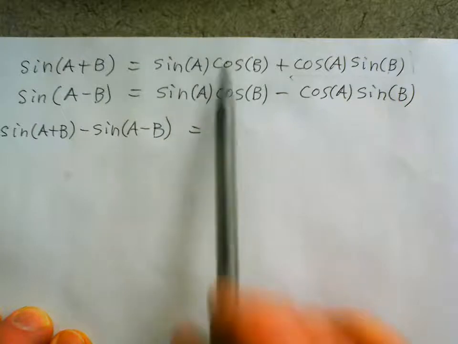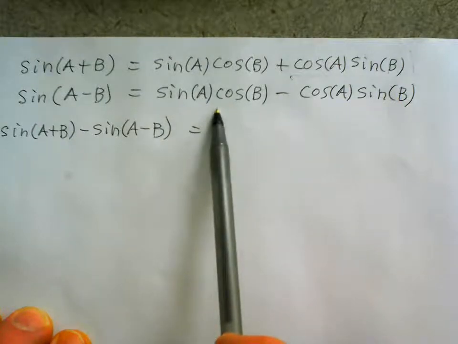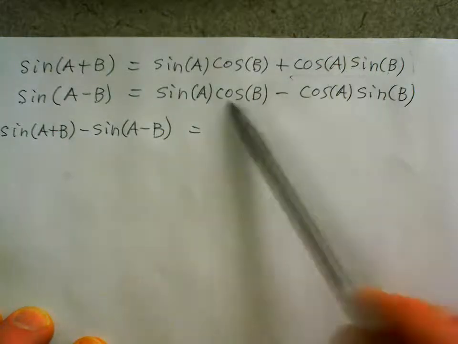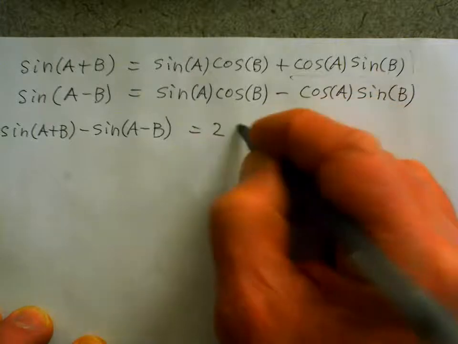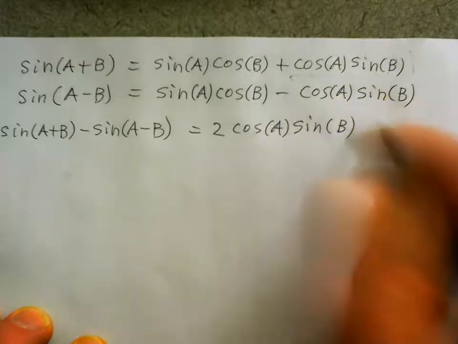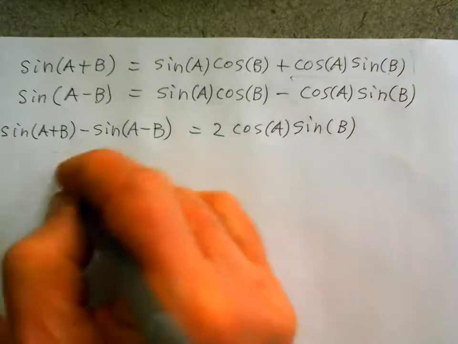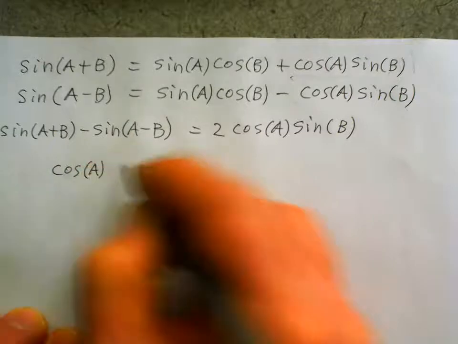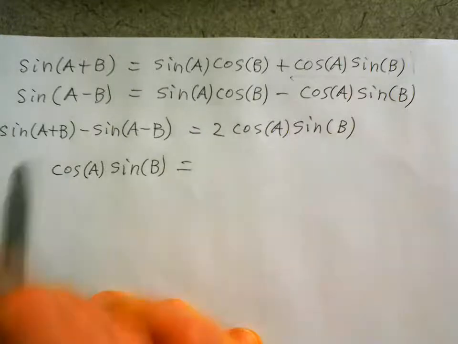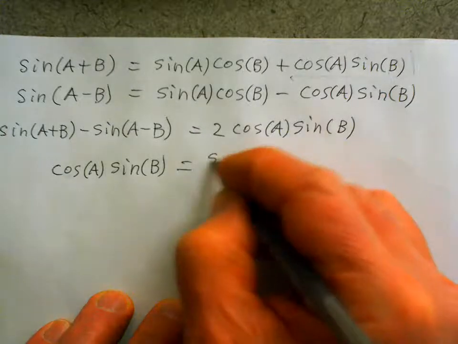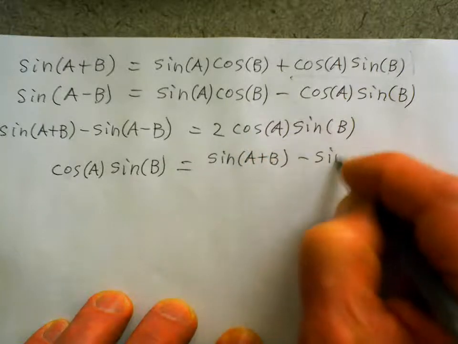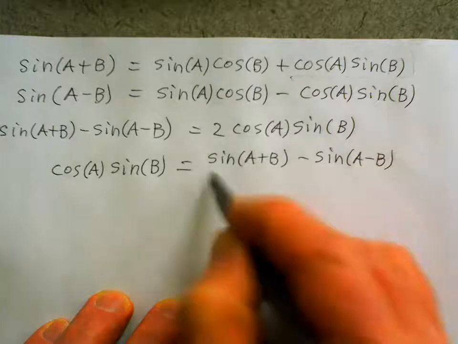These first two terms cancel each other out upon subtracting, and the other one, we're combining like terms, but we're subtracting a negative, so we're going to get 2 times cosine of a times sine of b. So the identity that we want is cosine of a times sine of b equals sine of a plus b minus sine of a minus b, all divided by 2.